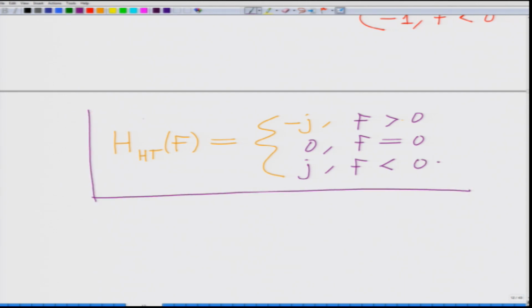This is an equivalent expression of the spectrum of the Hilbert transform.